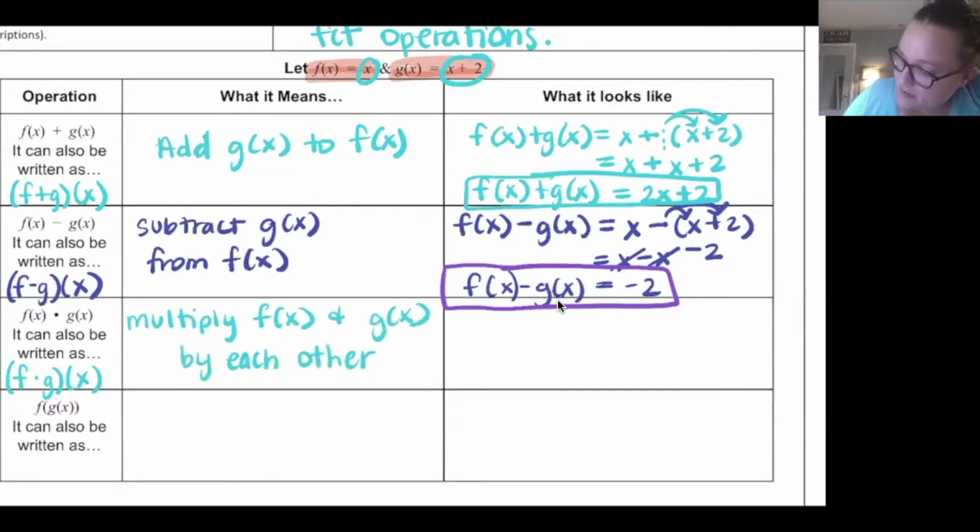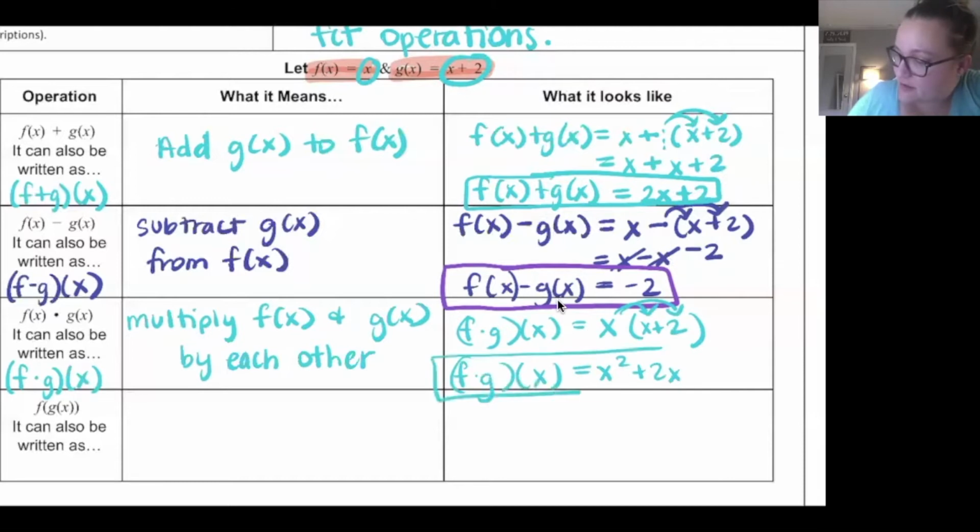So f times g of x is equal to, I'm going to take f of x, which was just x, and multiply it by g of x, which is x plus 2. And now we have something to distribute. X times x is x squared. X times 2 is 2x. So f times g of x is equal to x squared plus 2x.